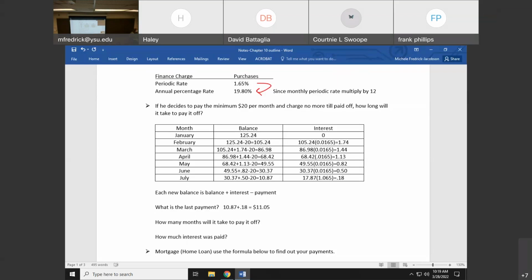How many months did it take to pay it off? Is the last payment due at the end of July, or is July the last month? I would go by how many payments he made. Yeah. I was doing that this morning, I'm like, wait a minute, do we start with January, do we include? But I went by payments, so it'd be 7.